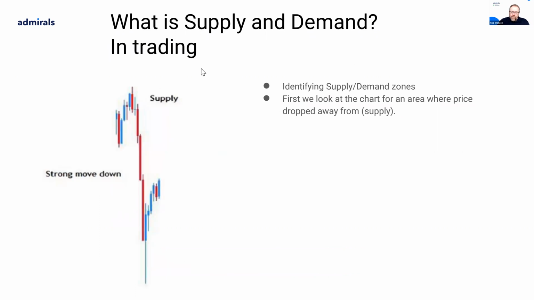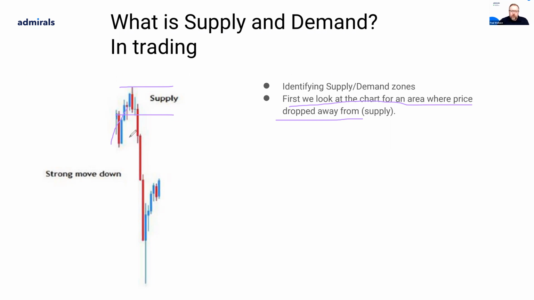On the flip side, if we're looking for supply, first we're looking at charts for an area where price dropped away from. Prices rallied up here, and for whatever reason, it could be a level of resistance, it could be that an institution has to put an order on for one of their clients.